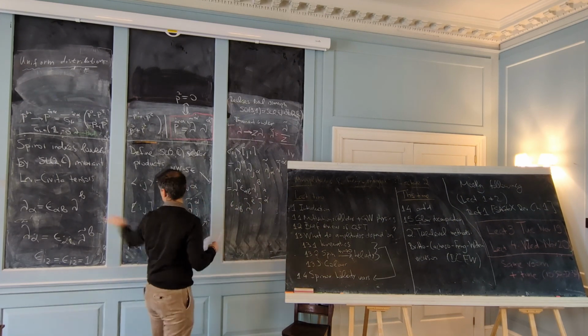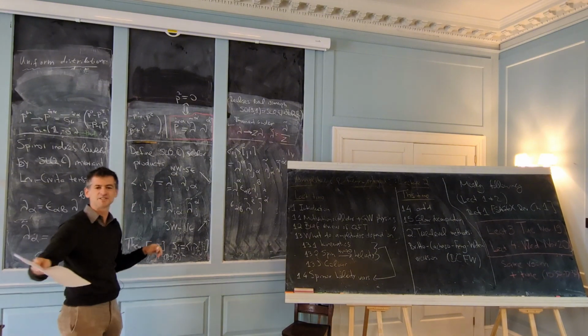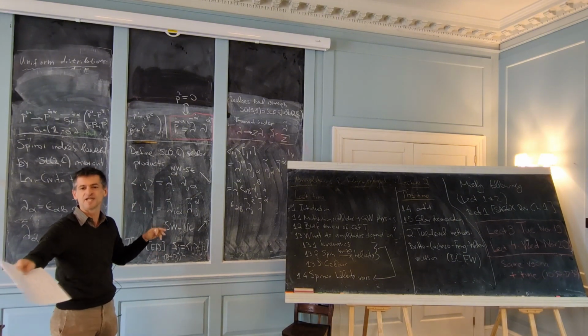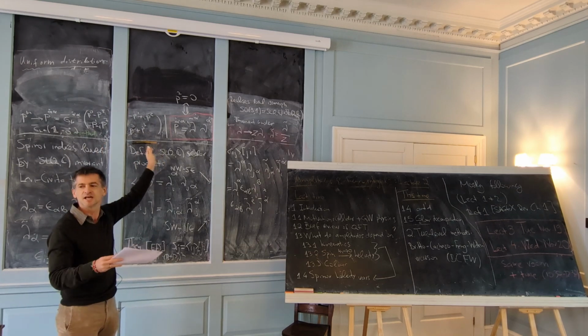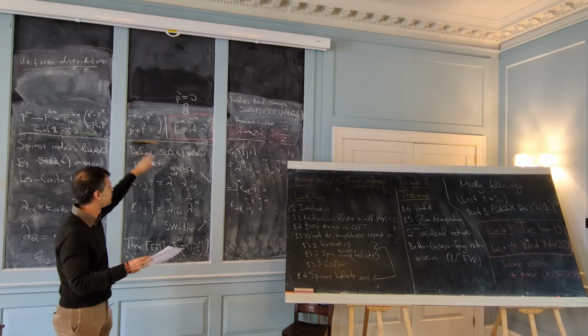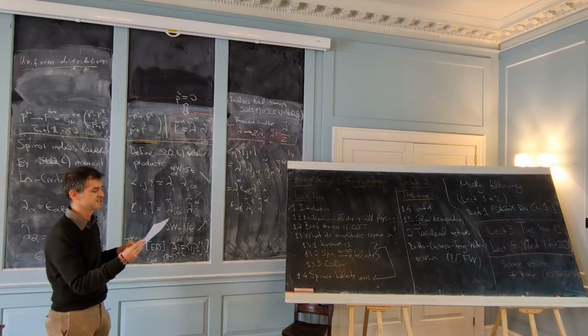Okay, so this is just using the epsilon. There are many ways to do it. One is more symbolic. The other one is more pedestrian, where one looks at the components one by one.